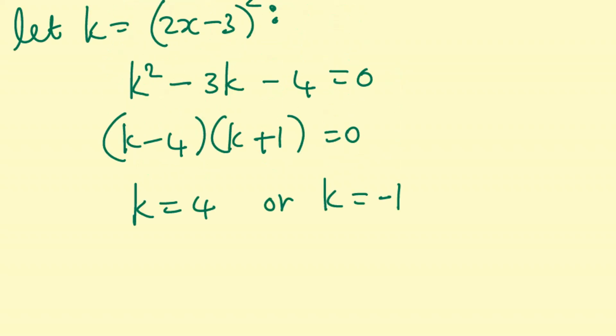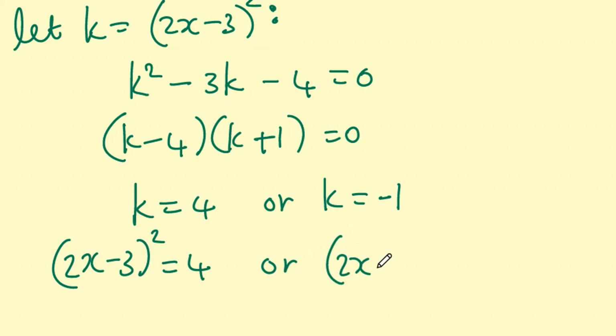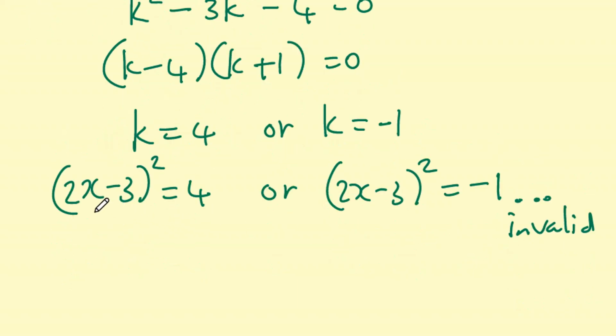And that means that 2x minus 3 all squared must equal 4, or 2x minus 3 all squared must equal -1. This answer, of course, is invalid. And the reason is that no number squared can give us a negative answer. So we know that 2x minus 3 all squared can only be equal to 4.